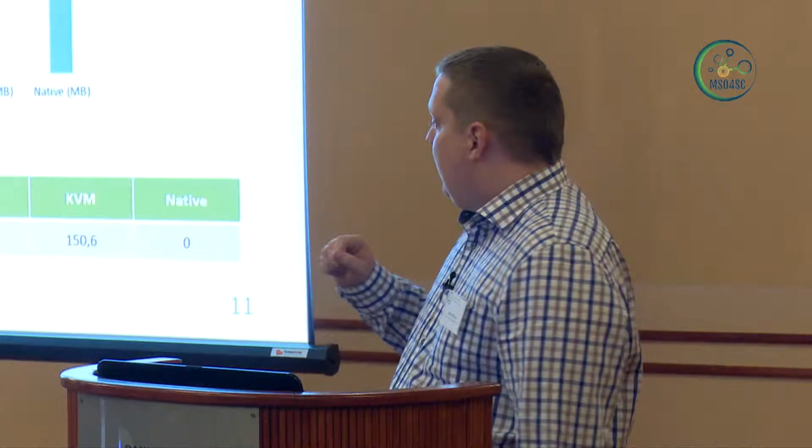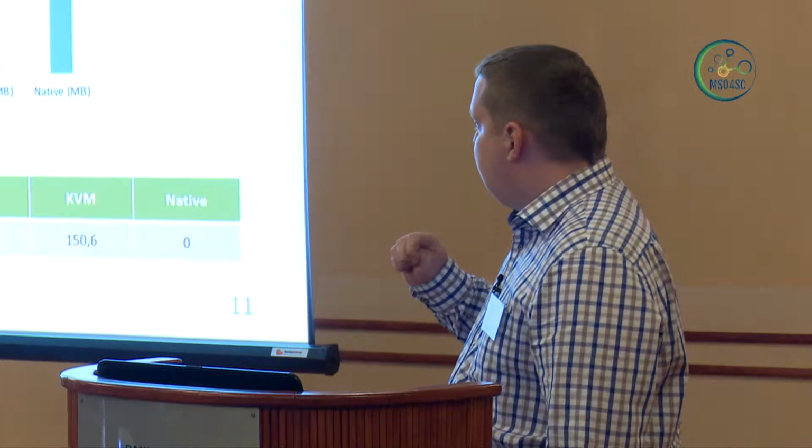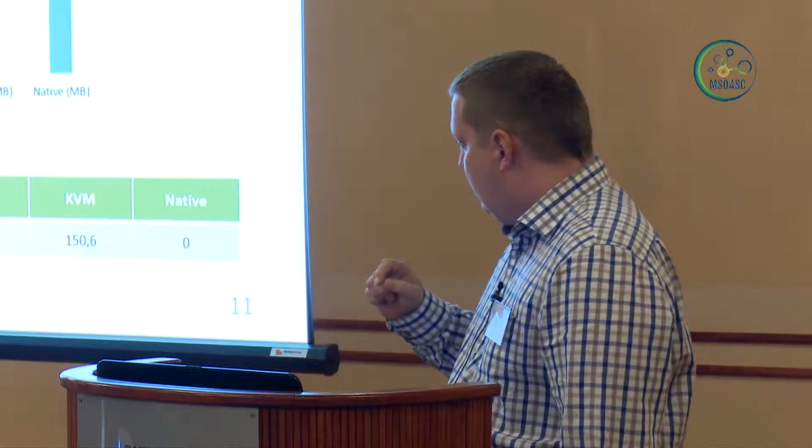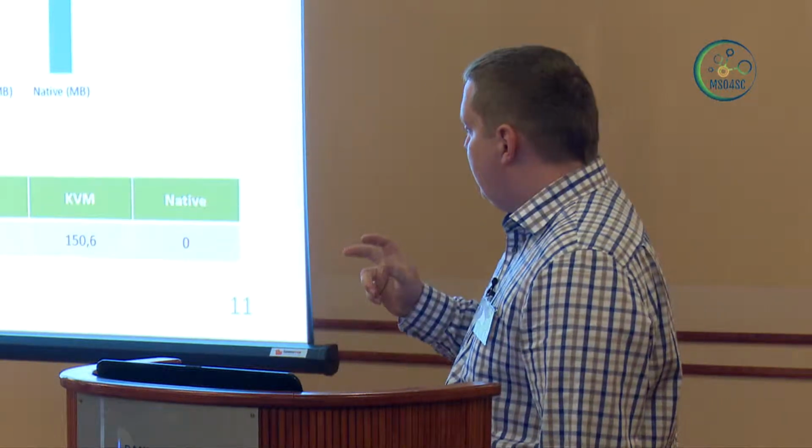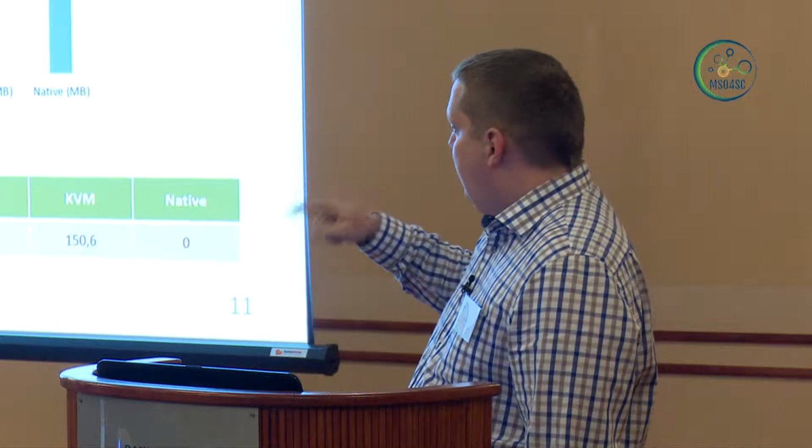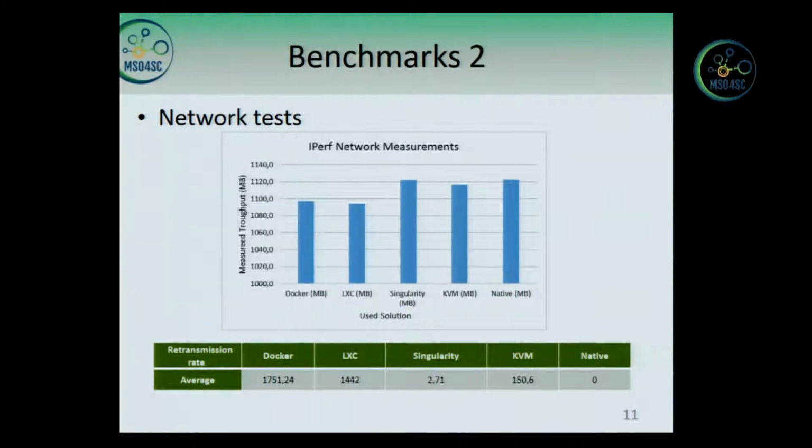To show that, we measured the TCP retransmission rate, which is a network performance limiter, because if we have a lot of retransmission, the host retransmits a lot of data. For example, Docker and LXC have more than 1020 or 1500 retransmissions. As you can see, Singularity and native are almost 0.